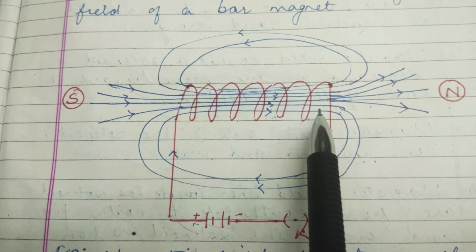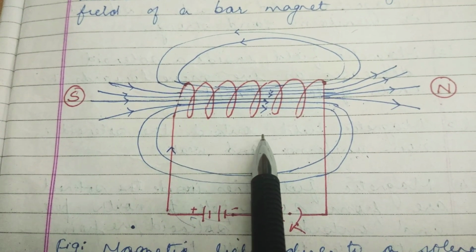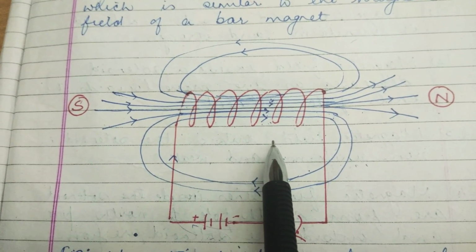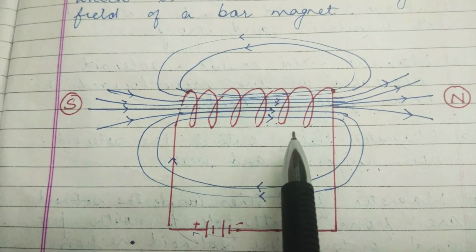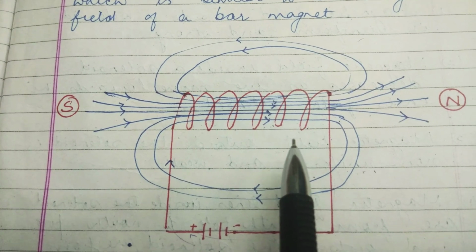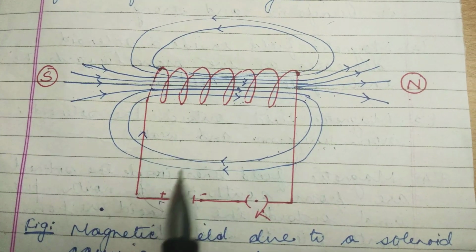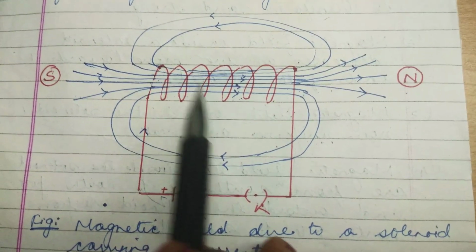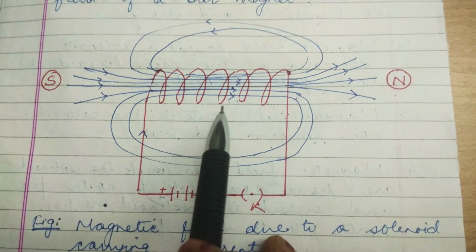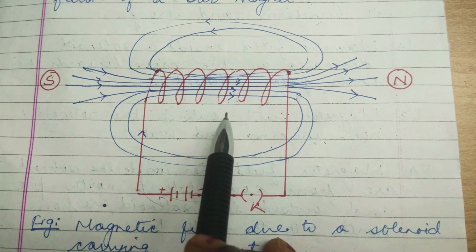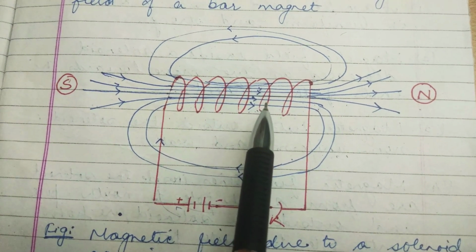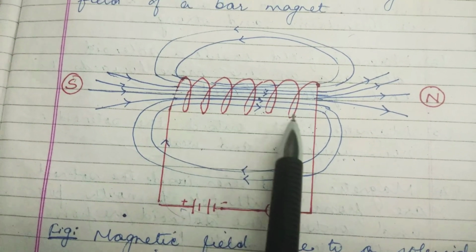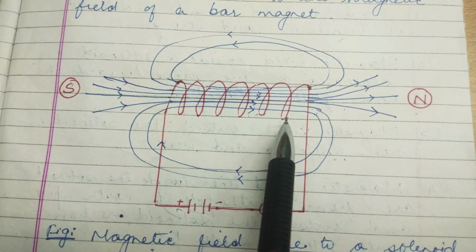Now the direction of the magnetic field inside the solenoid can be found by using the right hand thumb rule. Now the magnitude of magnetic field of the solenoid depends on the amount of current flowing through the solenoid, that is, it is directly proportional to the current.